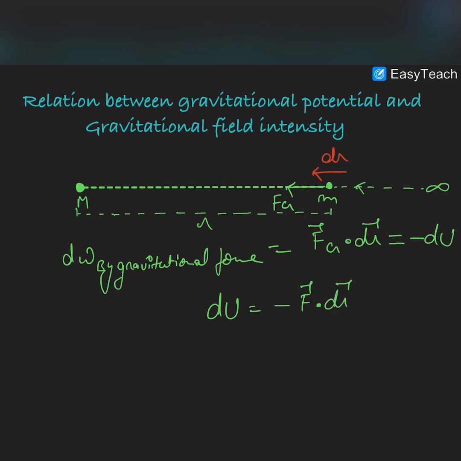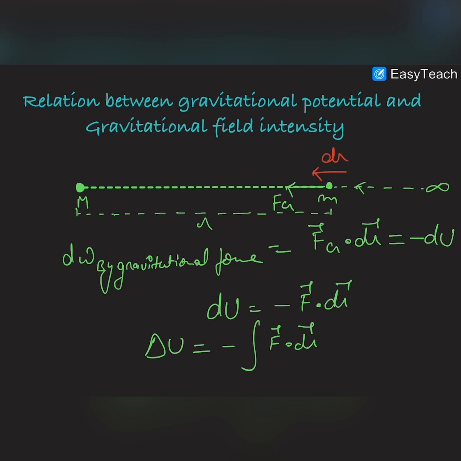And if we need to calculate delta U, then we can say that it would be equal to minus integration of F dot dr with the negative sign.